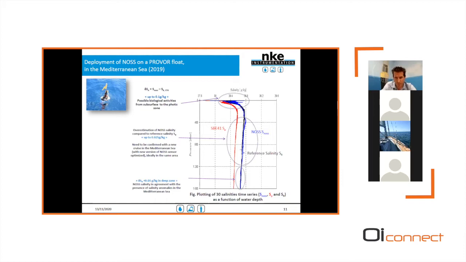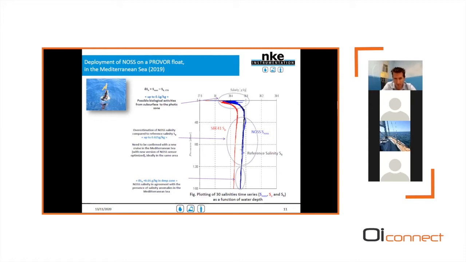Between 400 and 1,200 decibars, the NOSE salinity overestimates the reference salinity by up to 0.025 gram per kilogram.